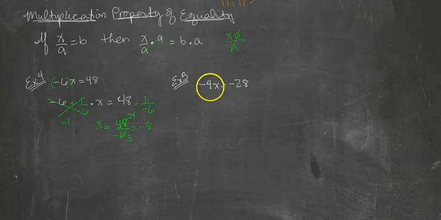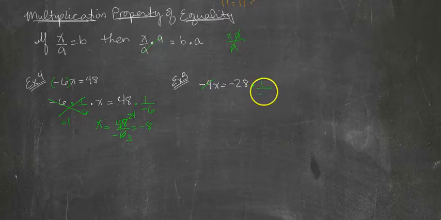So I'm going to use the multiplicative inverse, which is multiply by 1 over -4. If I use the multiplicative inverse, -4 is going to disappear on this side, and it's going to show up as division on that side. So the multiplicative inverse on both sides means it disappears on this side and shows up on the other side.